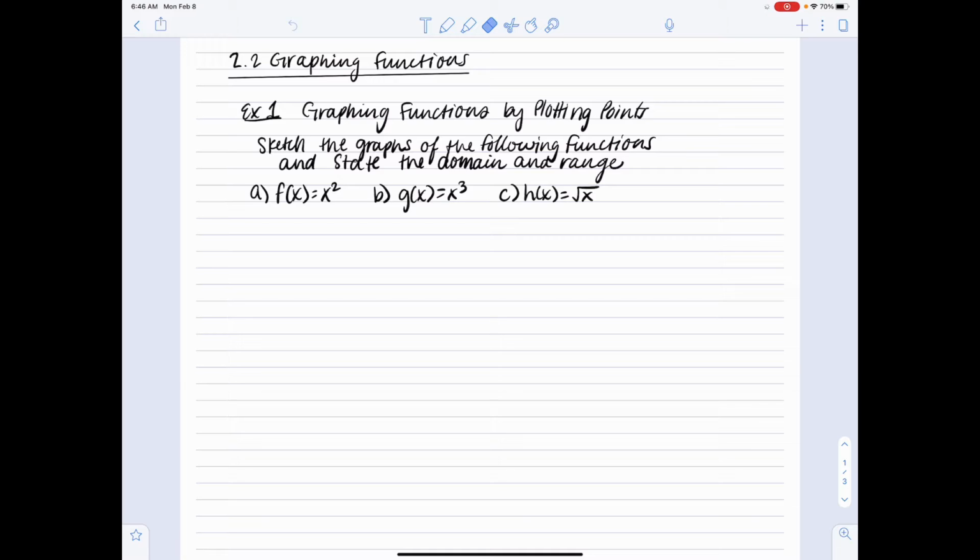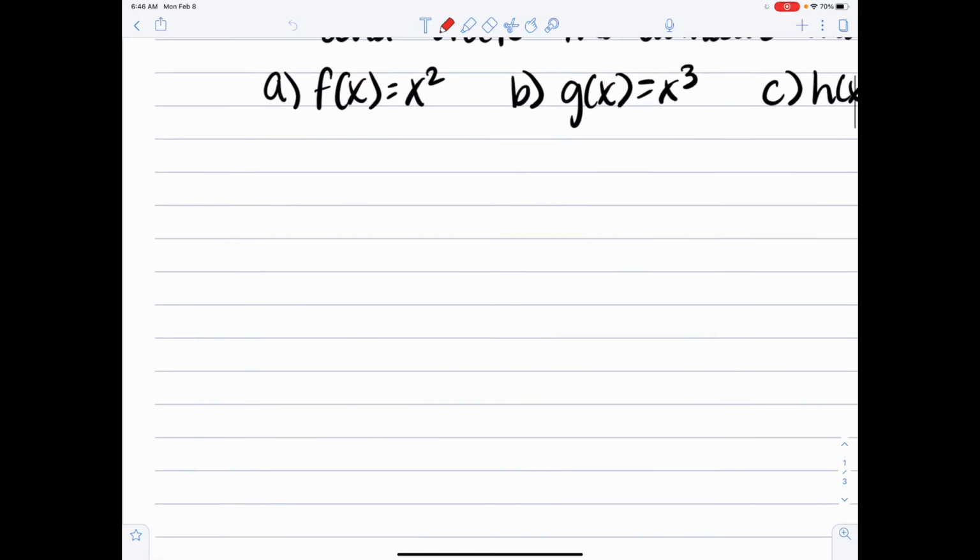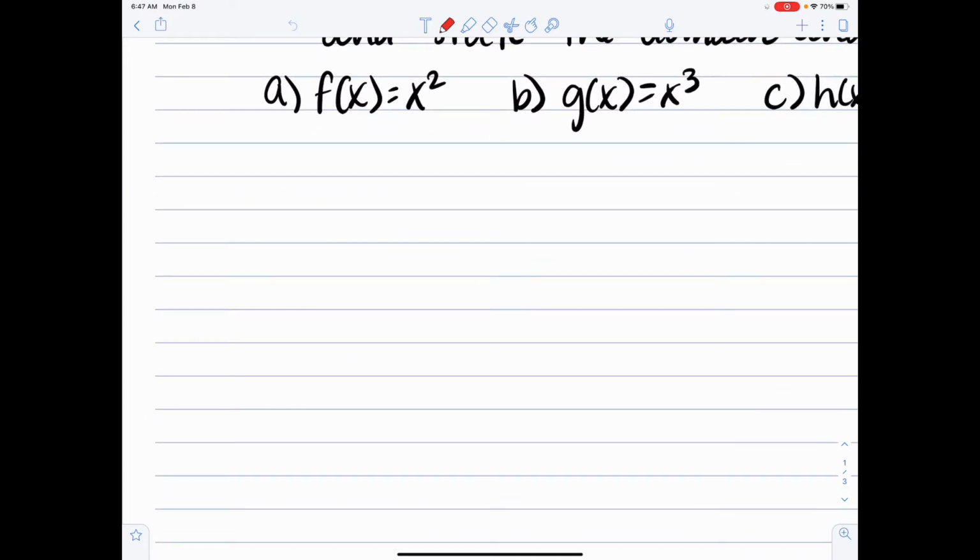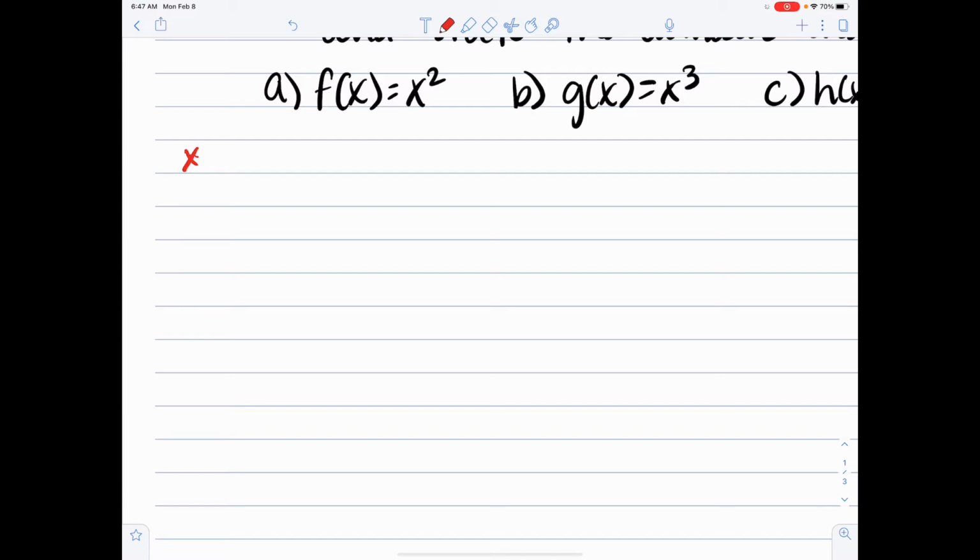So for this one, we just need to, I'm going to zoom in right here for A. f of x equals x squared, so we're just going to make a chart of x and f of x equals x squared.